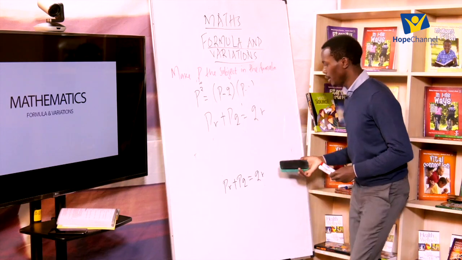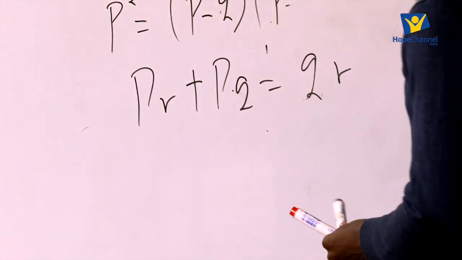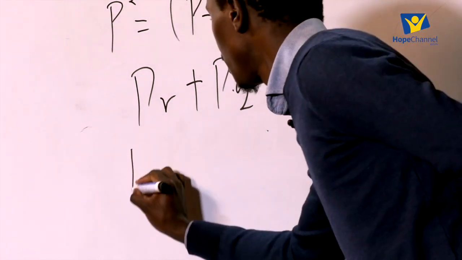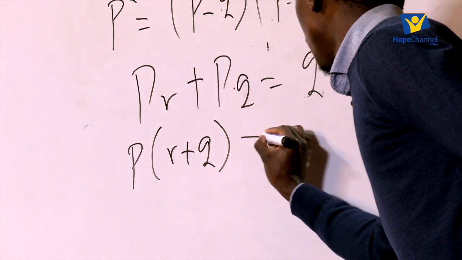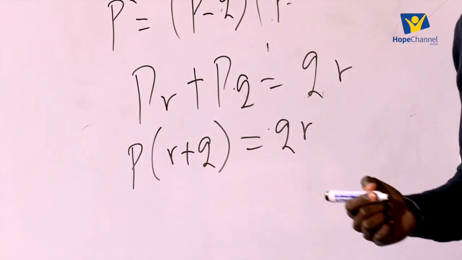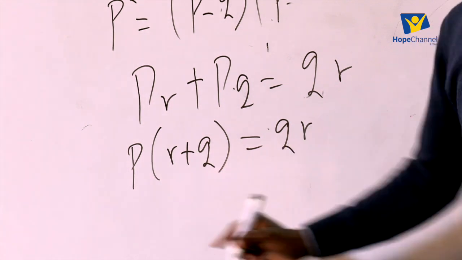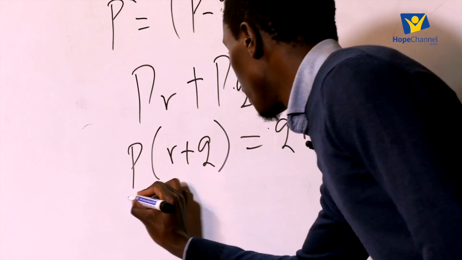So because P is common on the left hand side, we're going to factorize. And now by factorization, we'll have it as P into R plus Q is equal to QR. Same from the previous example, because now we are required to make P the subject, so we're going to divide by R plus Q on both sides.